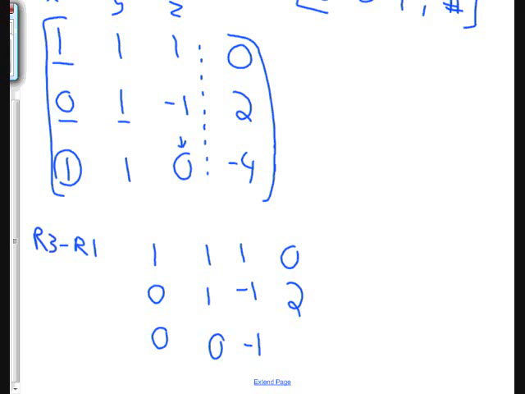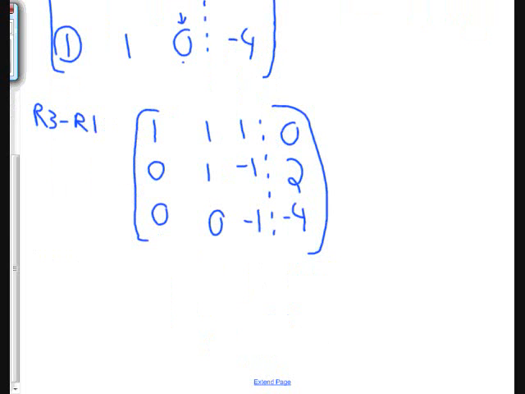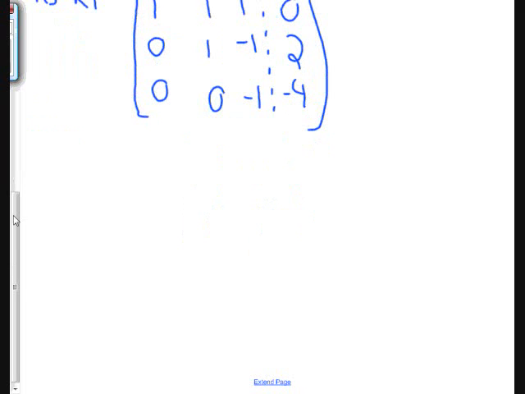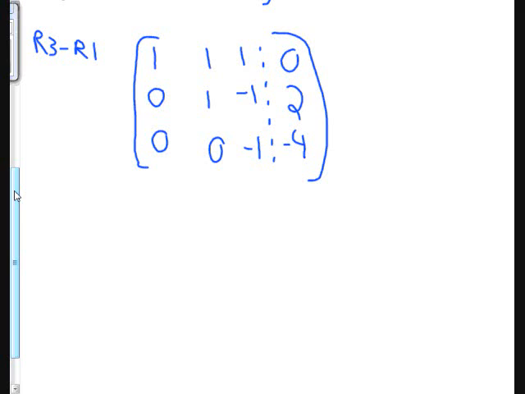Then 0 subtract 1, and negative 4 subtract 0. We need a positive 1, not a negative 1, so we're just going to multiply row 3 by negative 1.